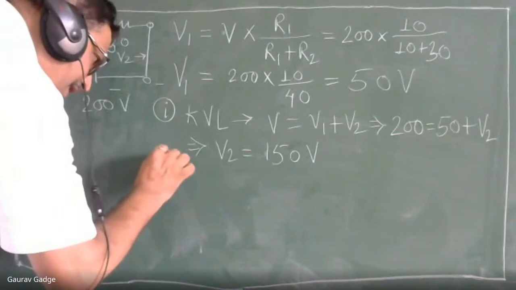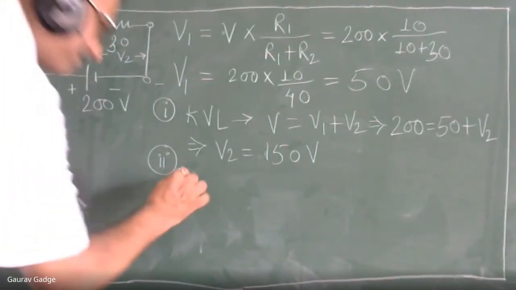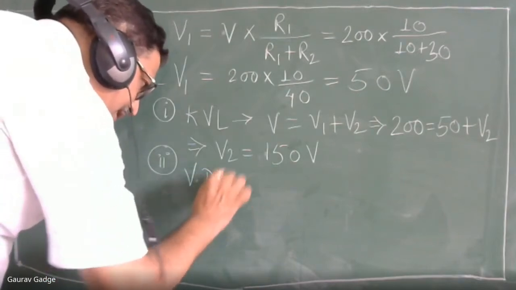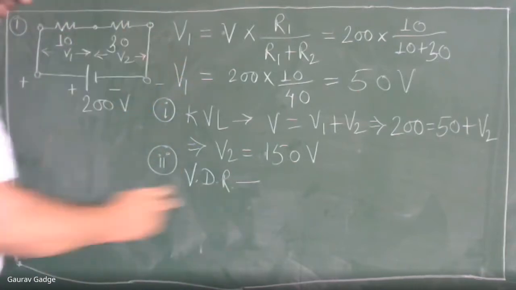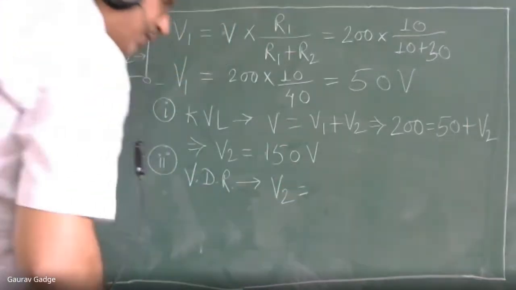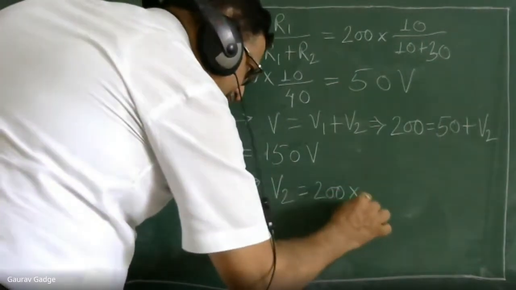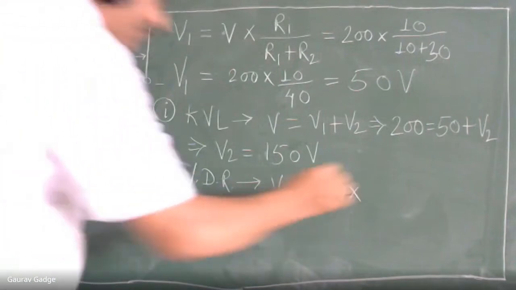One process, another way of getting that is by applying voltage division rule. So VDR, and as we have applied voltage division rule in getting V1 value, same way V2 can be calculated by using the same. Now V2 is equal to, again the total voltage which is here is 200 multiplied by the resistance for which we are finding the voltage, that is 30 ohms.